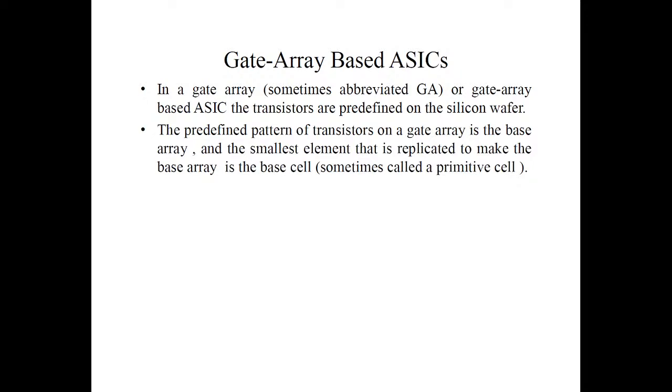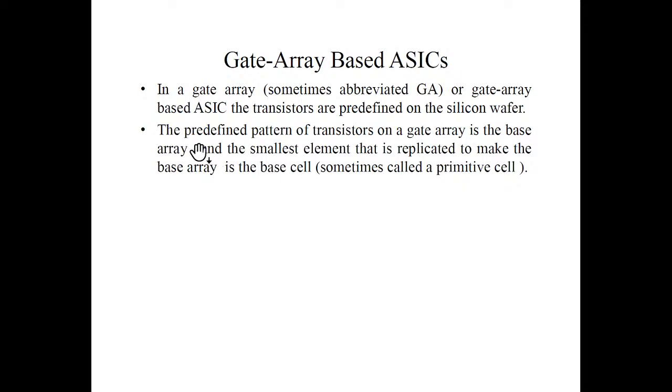So the unused combination of P type and N type transistors is used to provide a masking path. By using this masking path, one type of logic cell, one type of transistor is connected with another type of transistor.